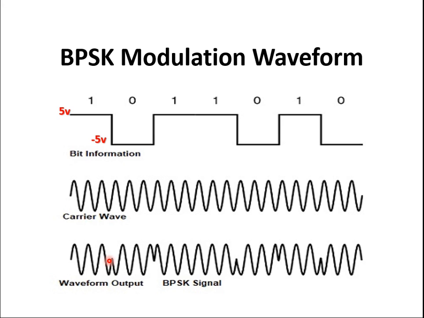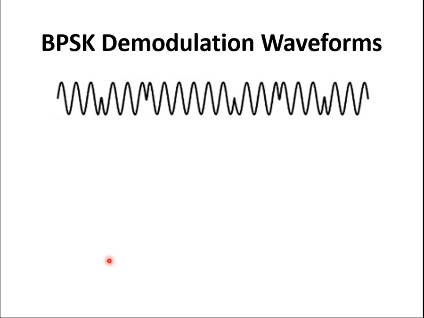Now what do you think with respect to the demodulation process? In the demodulation, which signal will we be getting first? We will be getting this as the input signal for the demodulation. Yes, true. Next, my question: how shall we bring this incoming modulated wave to be demodulated into the original binary or digital signal?